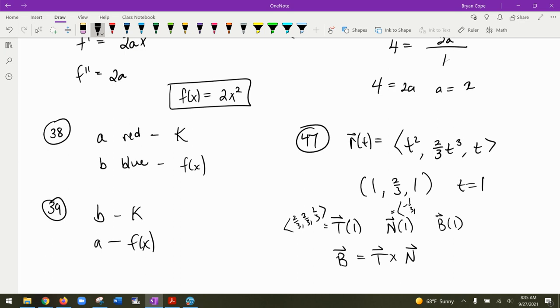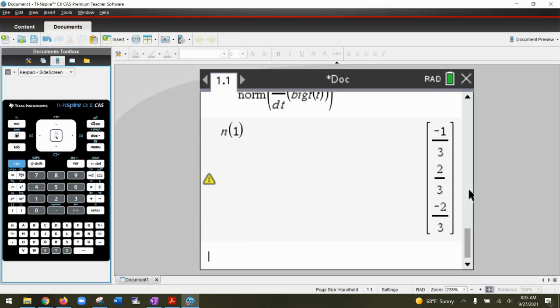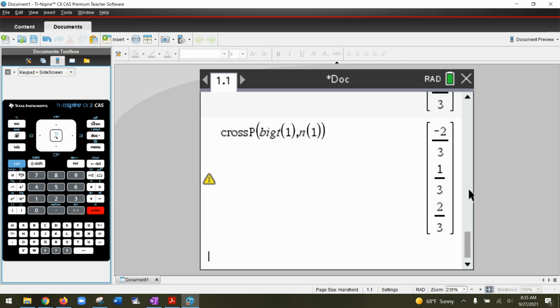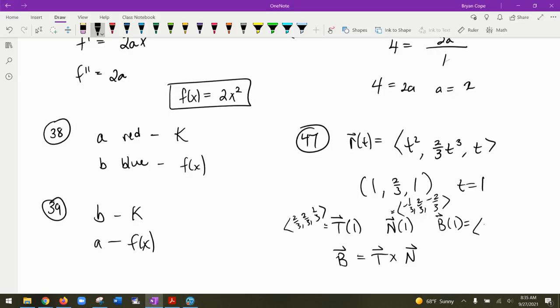And then big B is the cross product of those two. So we'll take big T at 1 and N at 1, and we get negative 2/3, 1/3, 2/3. Yes. Okay, did I do it? Find those vectors.